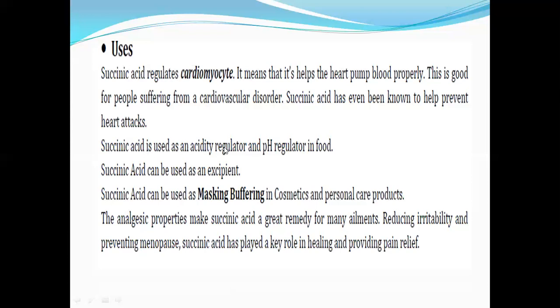This is also used as an acidity regulator as well as a pH regulator in food. This can be used as an excipient in various pharmaceutical formulations. It can be used as a buffering agent in cosmetic as well as personal care products. So to make a constant buffer solution, it is used as a buffering agent.